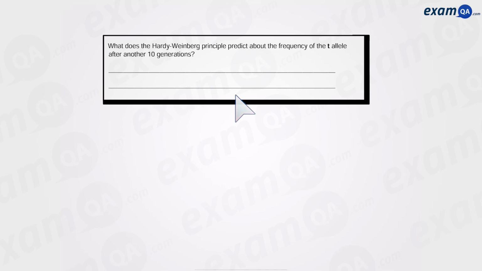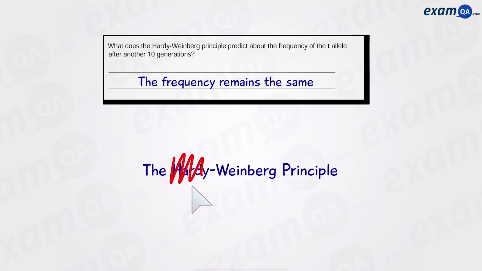Now, I haven't included the information that comes along with this question, and I've left it out on purpose because the point is, this is something that's very common about the Hardy-Weinberg principle. So the answer is that the frequency will remain the same. And so we have now completed the Hardy-Weinberg principle.